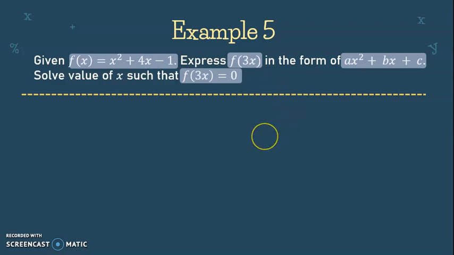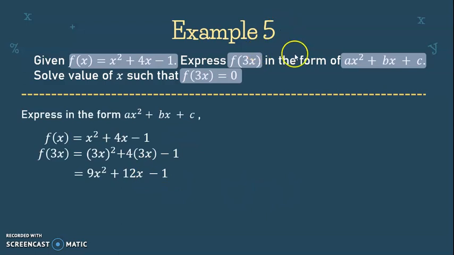Okay, so I believe all of you have done, or if you haven't, it's okay. You may refer to this section, okay? So let's start with the first one. It says express in the form of ax squared plus bx plus c for f of 3x. So this one, the x value is equal to 3x.